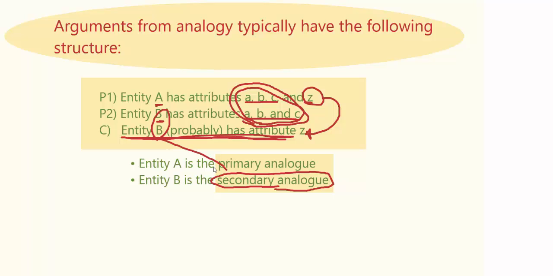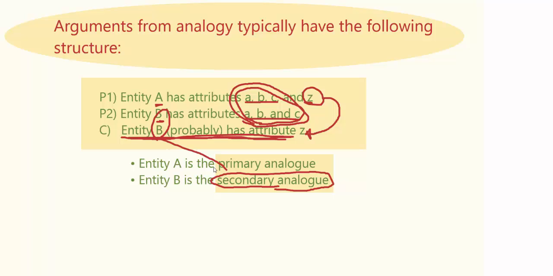If we found an entity C that also had these attributes, and we inferred that it must have attribute Z as well, then C would be a secondary analog along with B, and so on with D and E, et cetera.